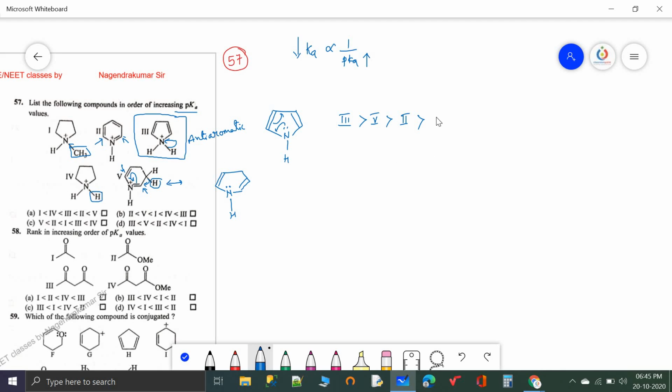So the acidic nature of the fourth molecule is more than this molecule, and it comes last. So we have written the decreasing order of Ka value, because the Ka value is more for this molecule and less for this molecule. The decreasing order of Ka value means the increasing order of pKa value. Now let's write down the increasing order of pKa value. It is exactly opposite. So option 3, 5, 2, 4, 1.